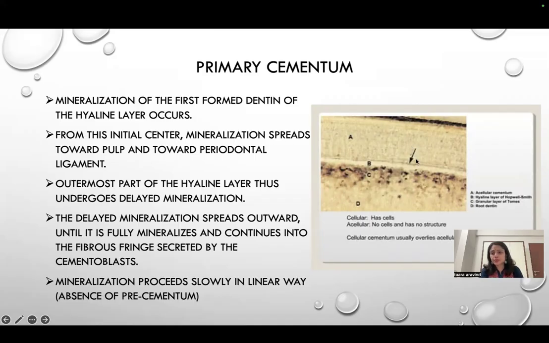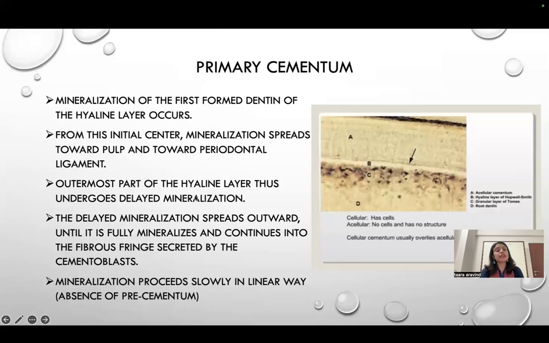From the hyaline layer, this is the Tomes' granular layer, the mineralization spreads towards the rest of the radicular dentin, and the last part of the radicular dentin to get mineralized would be the hyaline layer, that is the outermost portion of the radicular dentin.